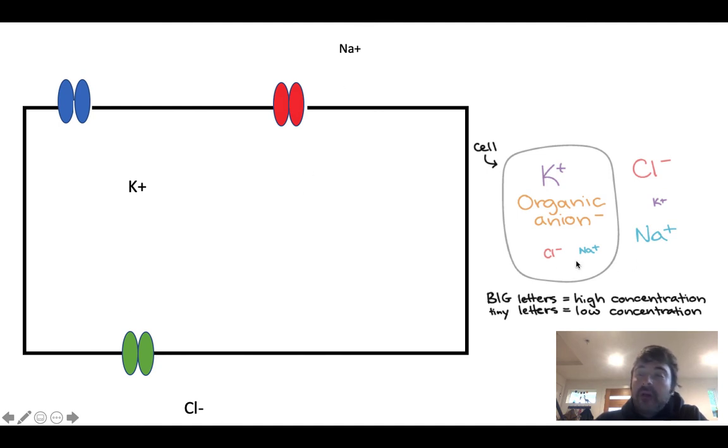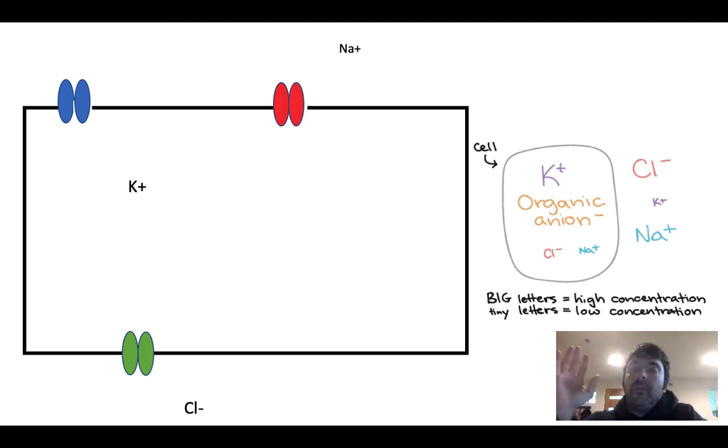Sodium chloride, on the other hand, has a really high concentration outside the cell. In fact, the only inorganic ion that has a higher concentration inside the cell than outside the cell is potassium. If it's any other ion slash electrolyte that we're looking at, you can assume that the concentration outside of the cell is going to be higher than that in the cell. And I could give you specific numbers, but that's not the focus of what we're doing here.